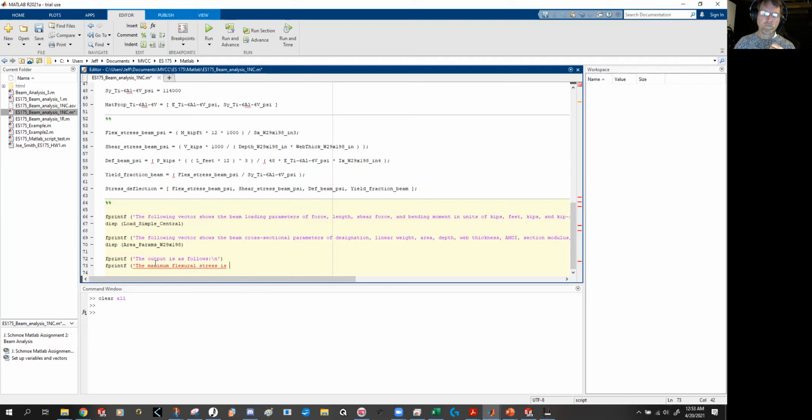So we're going to put in a percent 5.0 F. Okay, this is floating point designation, PSI. What this tells MATLAB is that there's a variable coming and I want you to put it in a certain format.